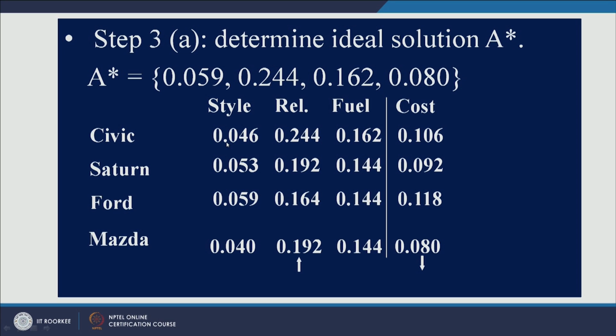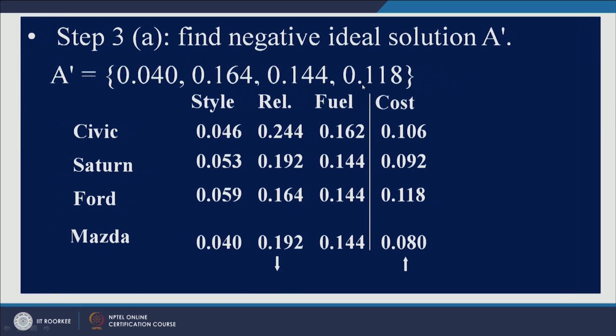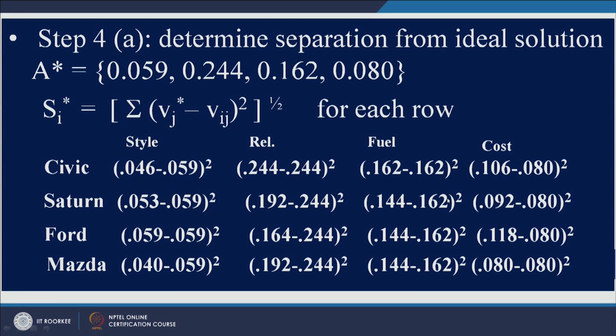So, 0.046 minus this, whole square, 0.053 minus this, whole square. Similarly, for this how would you write? 0.144 minus 0.162, whole square, right. And in this way you can calculate the separation from the ideal solution. This is very simple arithmetic.